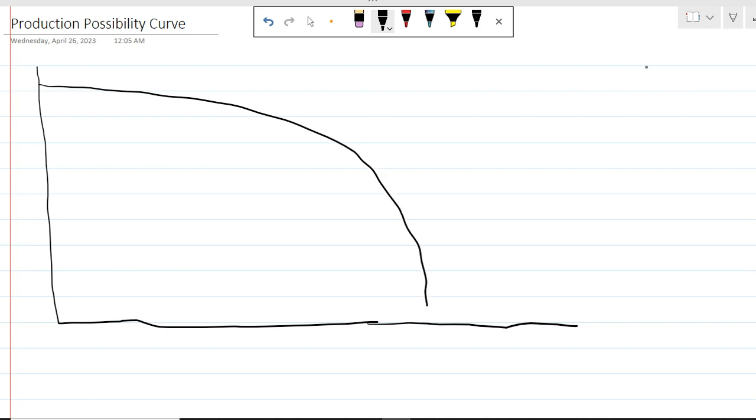As we discussed, the line must be in a curve like that. Basically, here we see technology manufacturing goods, and here agriculture goods.